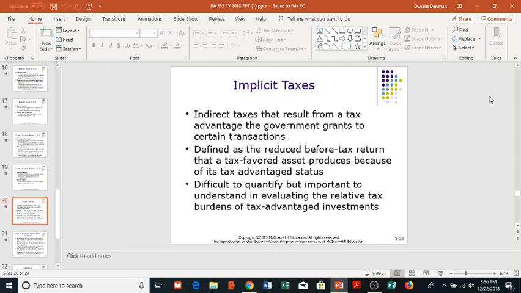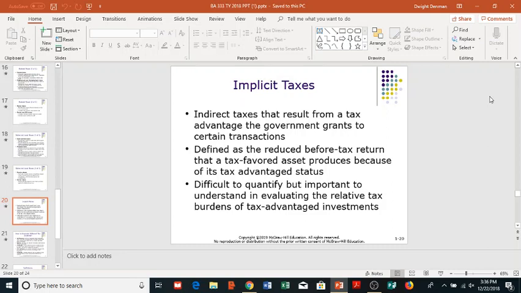And so the interest that these bondholders receive is non-taxable to the bondholders.